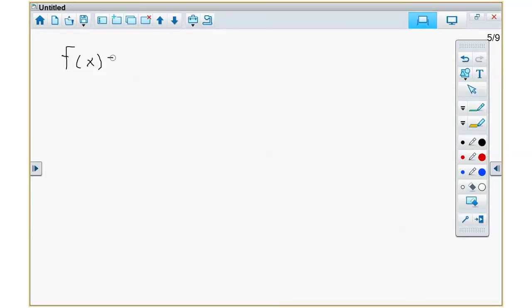All right, f of x is equal to, what did you say it was? 8 over the square root of x. From now on, when y'all see a backhoe, y'all gonna think of that shovel.